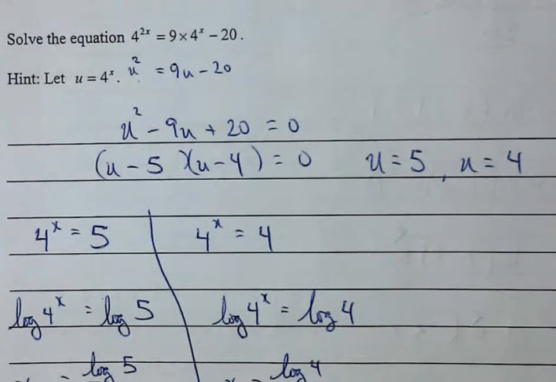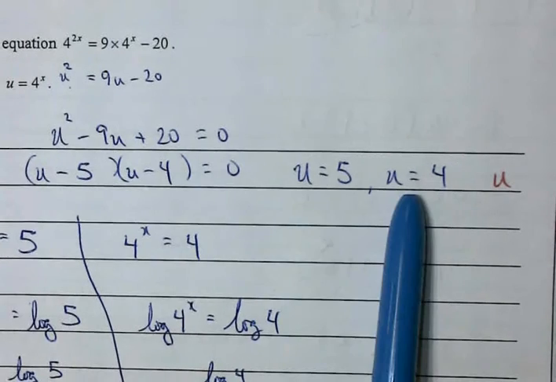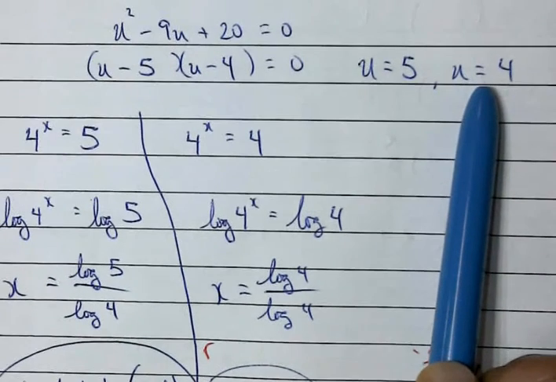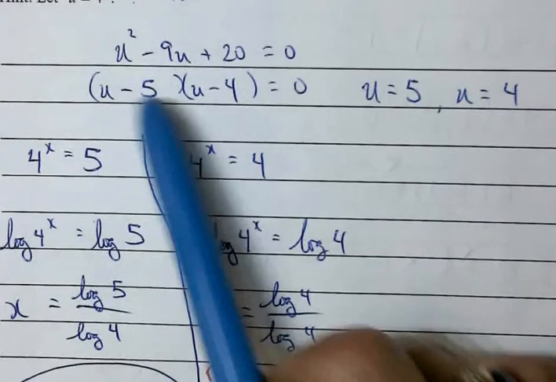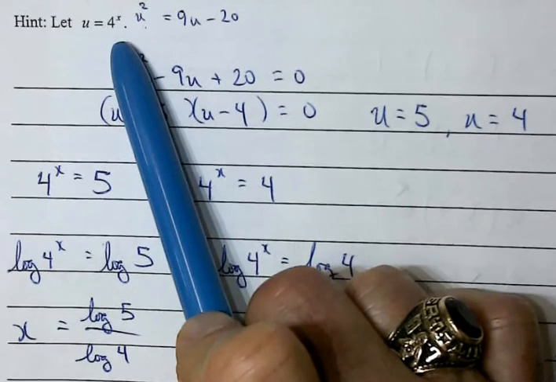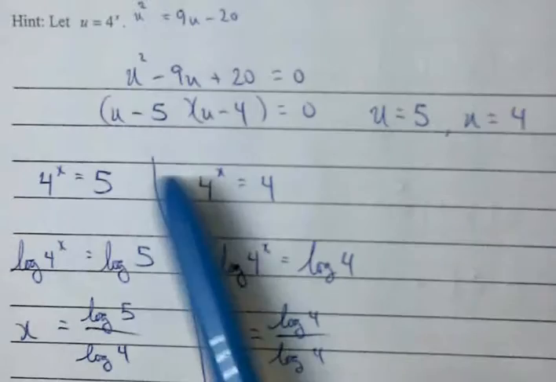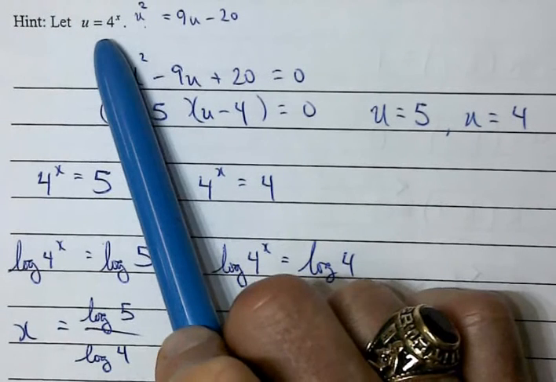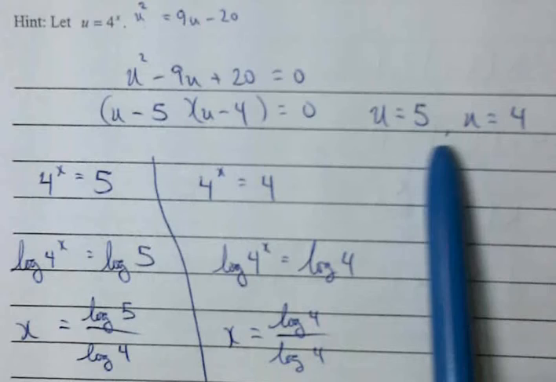And if u can be 5 or 4, that means if u is 4 to the power x, then 4 to the x is 5 or 4.